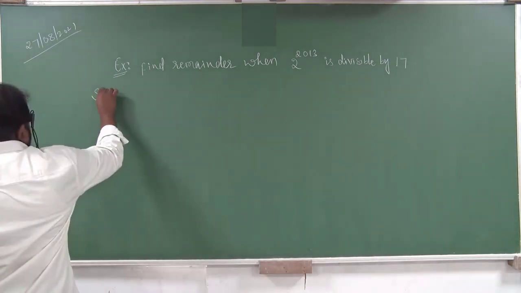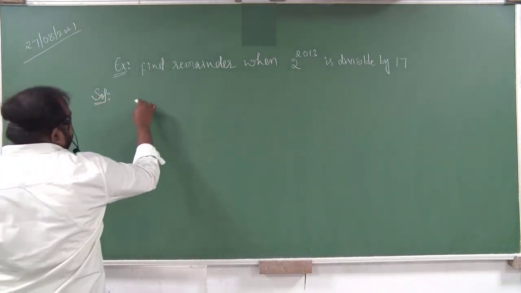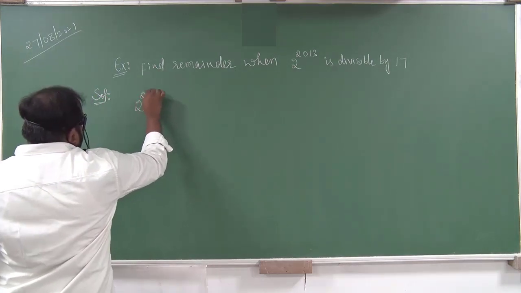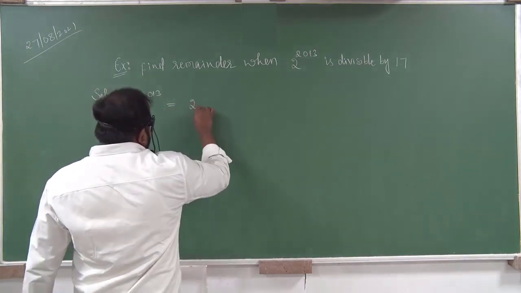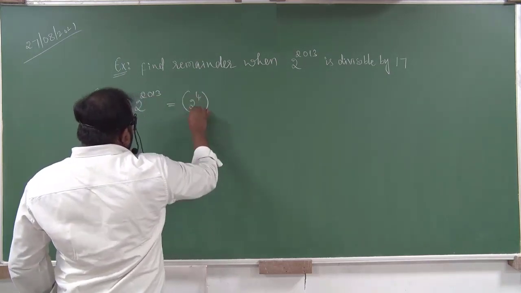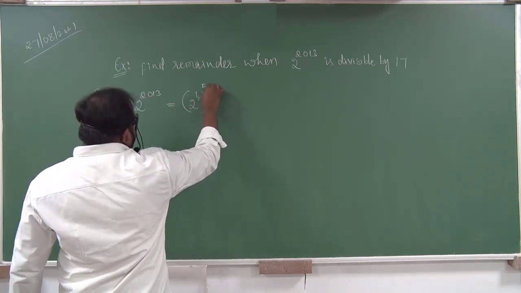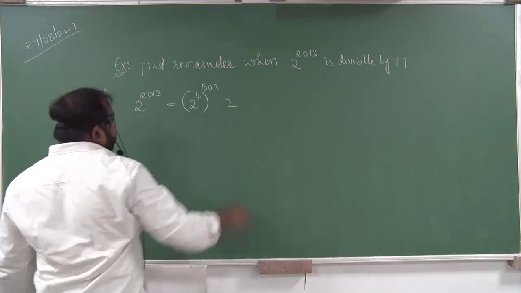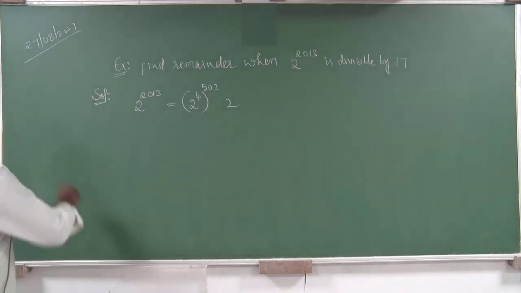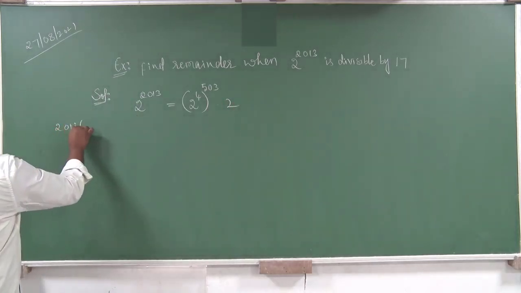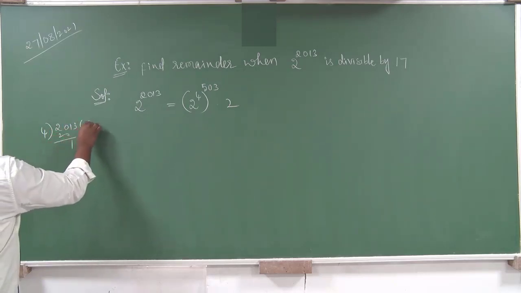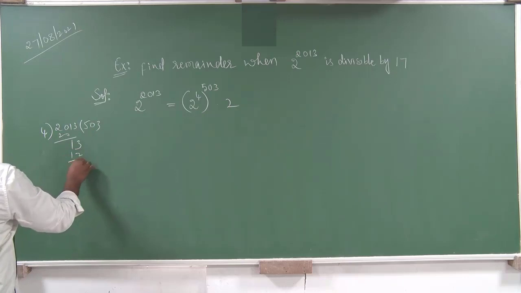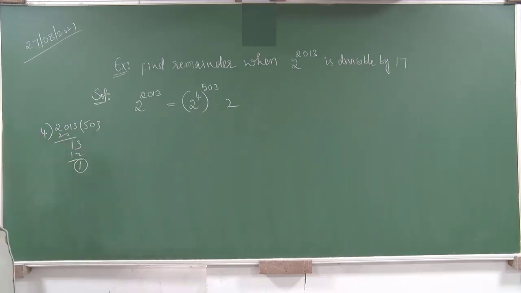Listen, if you observe here, 2 power 2013, this value I can write as 2 power 4 whole power. Can I write like this? Class check one time. 2012 you can divide with the 4, so due to that reason I given like that.